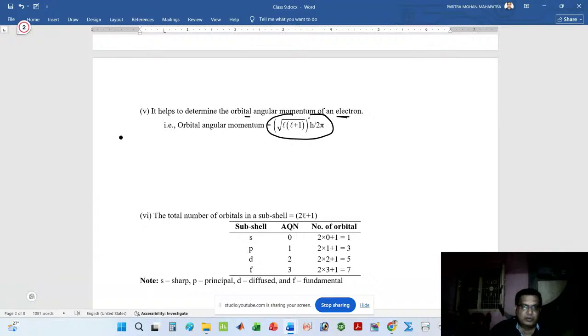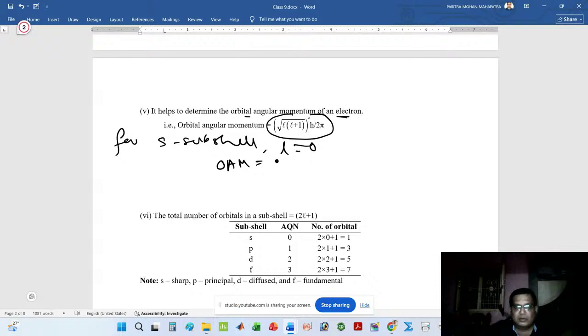If you put the value of L, then you can find the orbital angular momentum for each subcell. Think about the S subcell. For S subcell, L is equal to what? 0. Now put this value here. The orbital angular momentum is root over L into L plus 1, that is, root over 0 into 0 plus 1, into h by 2 pi.